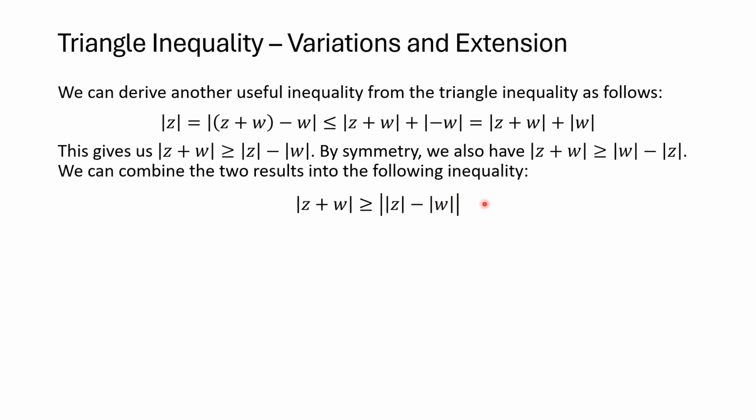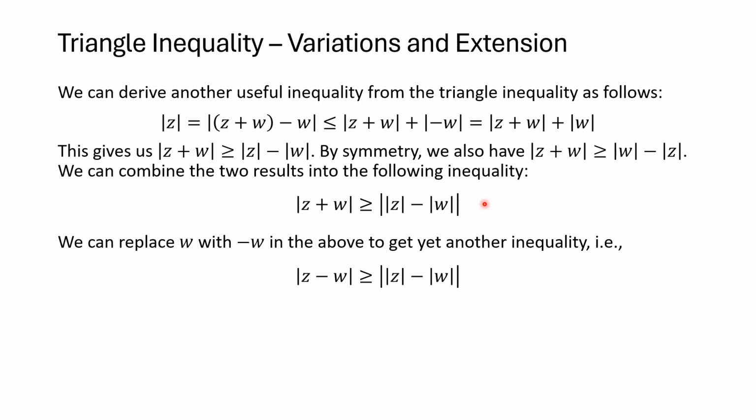All right, so that sometimes comes in handy. And if we replace w with minus w in this formula, you see here we get this result, remembering that the modulus of minus w is equal to the modulus of w.